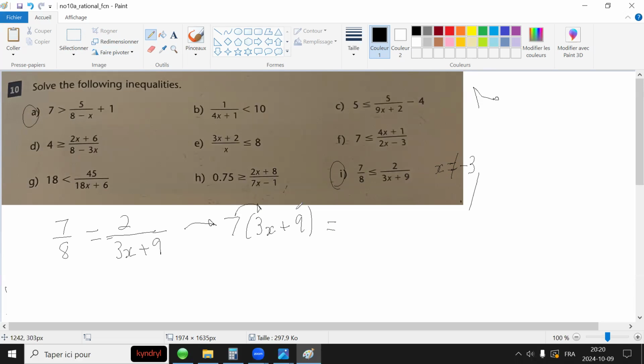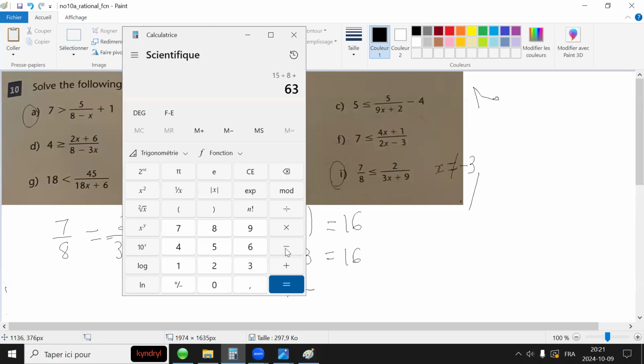Multiply the extremes by the middle, which gives us 21x plus 63 equals 16. Then I switch this to the other side, so I end up subtracting both and having a negative number. I'm going to use my trustworthy calculator just to know the difference between both, because it's easier.